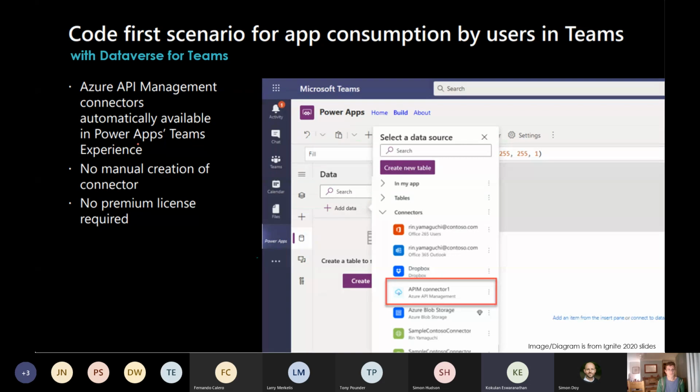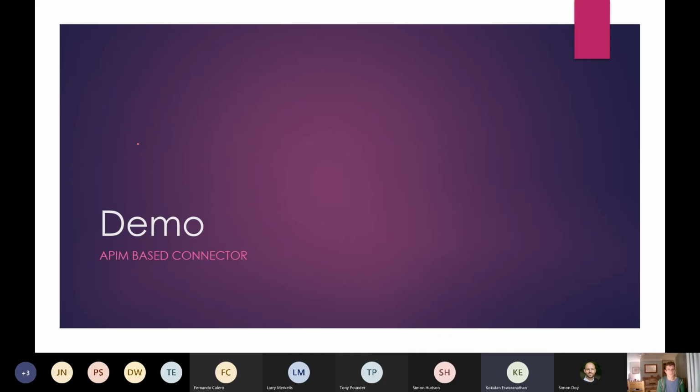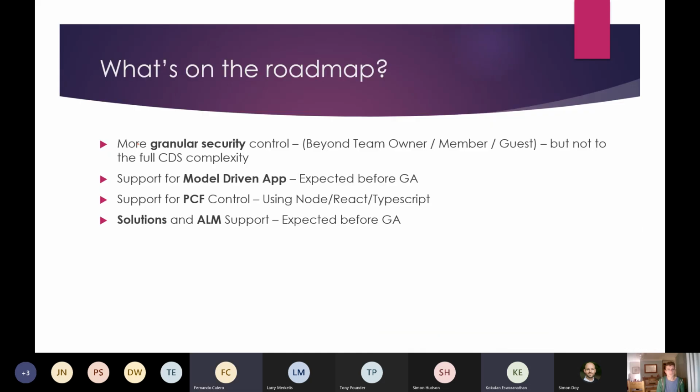And so the APIM connector is something I've already talked about, so I don't think I need to spend time on this. Okay, so what's on the roadmap? Right now there are only 3 security roles because Teams only has 3, or modern Office group only has 3. So right now they've aligned these to CDS roles, but they are going to add more granular ones, but not many.